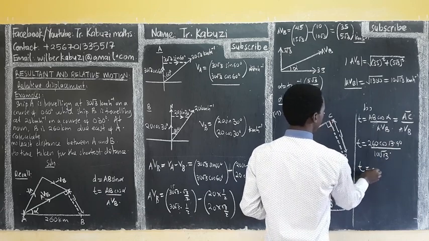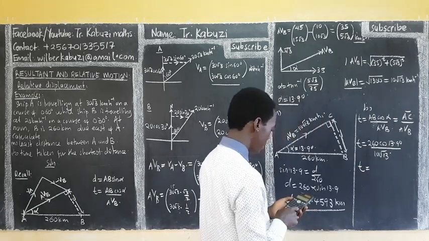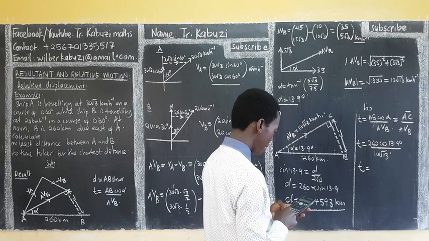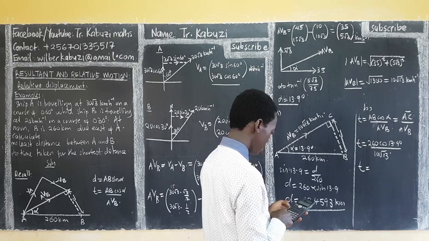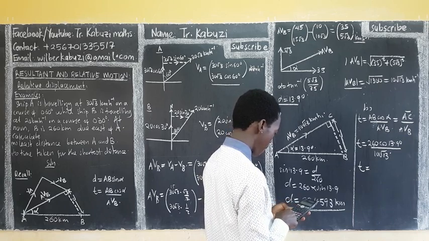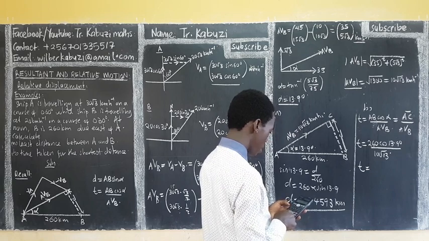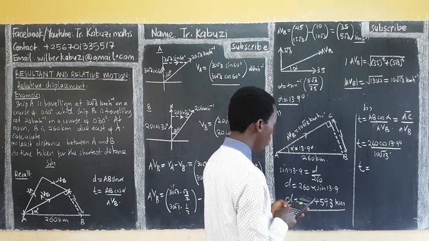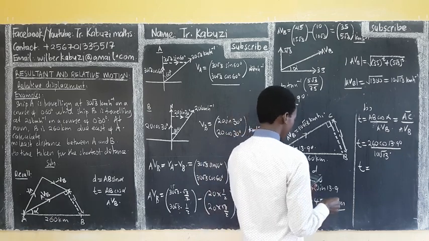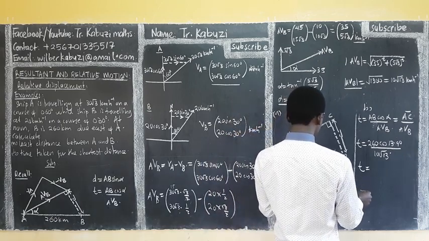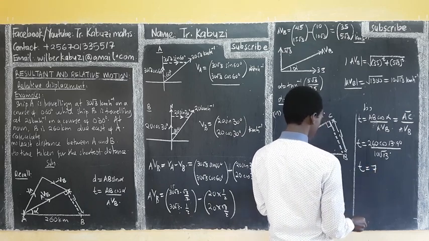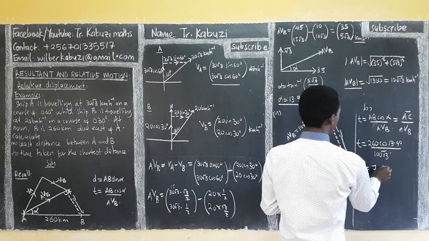So my T from there is going to be 260 cos 13.9 divided by 10 root 13. It's giving me, to 4 decimal places, 7.0.